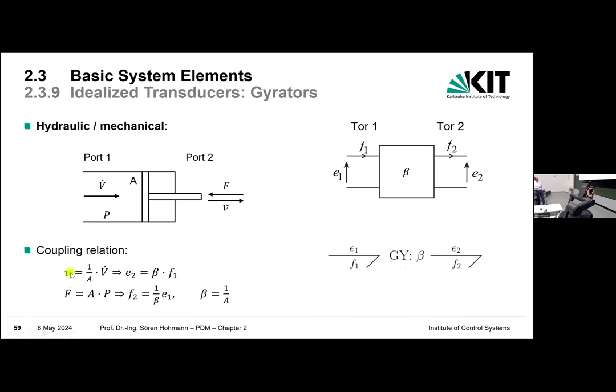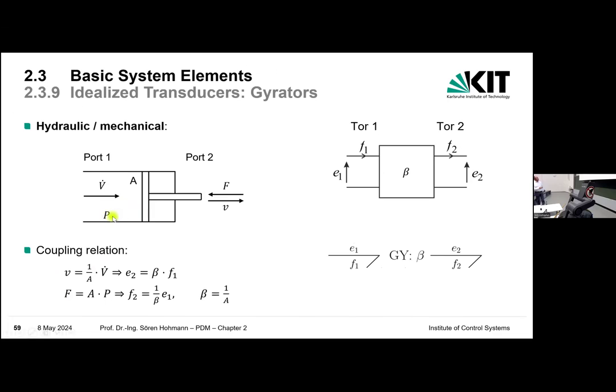Everything is transformed completely into the velocity. So we can say the velocity on the mechanical side is equal to 1 over A, where A is the square area here, times the volume flow, because the volume flow divided by the area gives the velocity of the piston. Now what happens with the force? It's obviously the same.